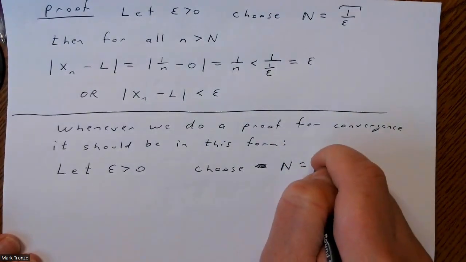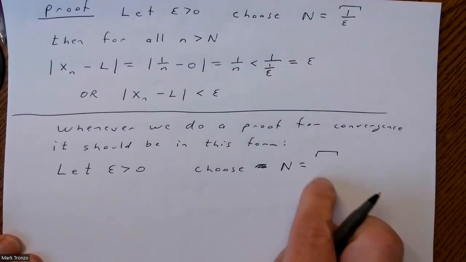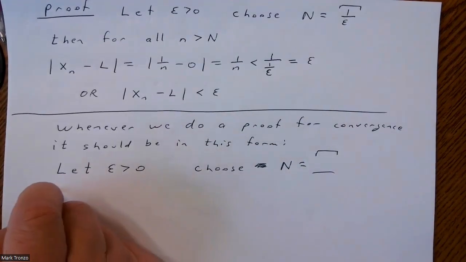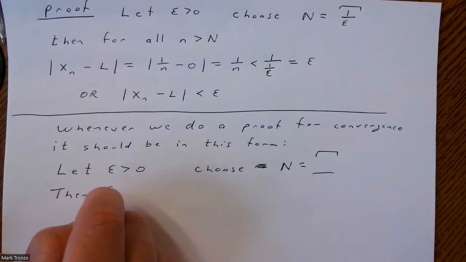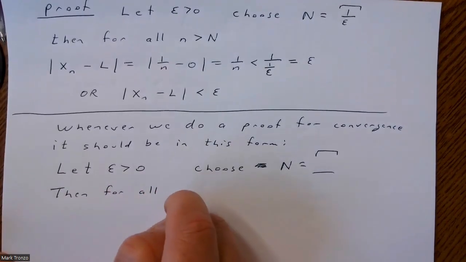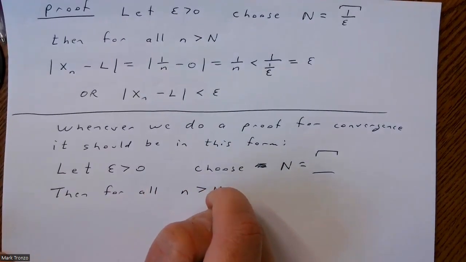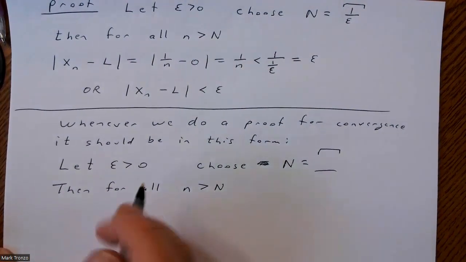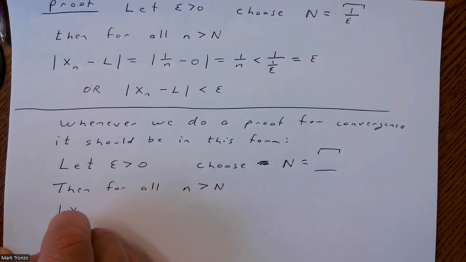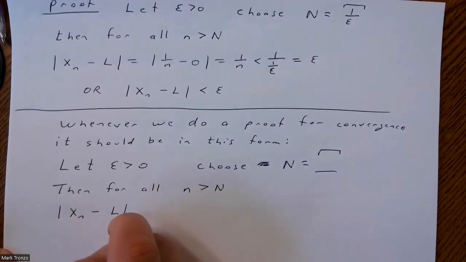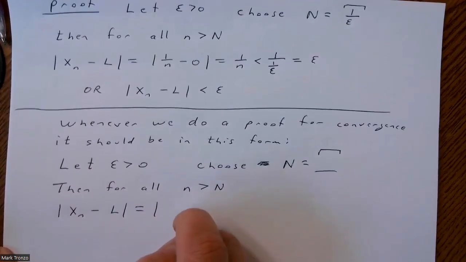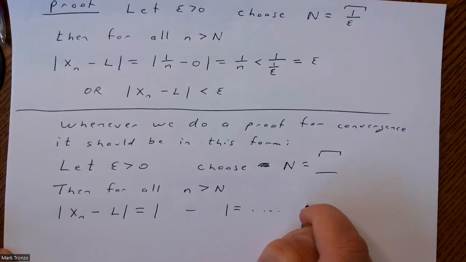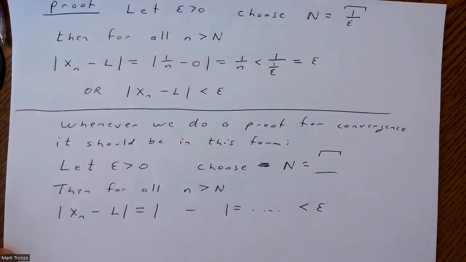And like I said, usually I put the hat on because it's the next biggest integer. So choose your n here, then for all n greater than capital N, sometimes they'll say we have xn minus L, and then you can put your stuff in, and somewhere along here, show that that's less than epsilon.